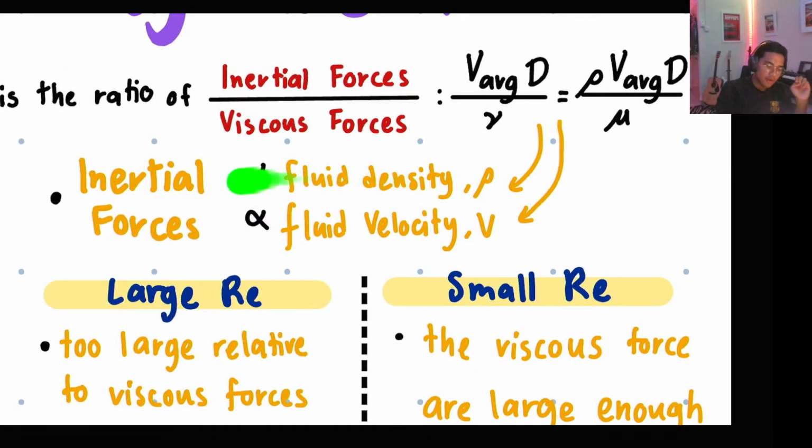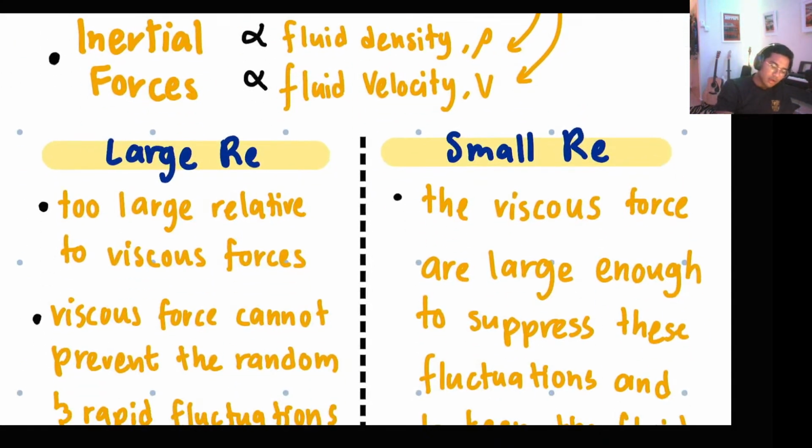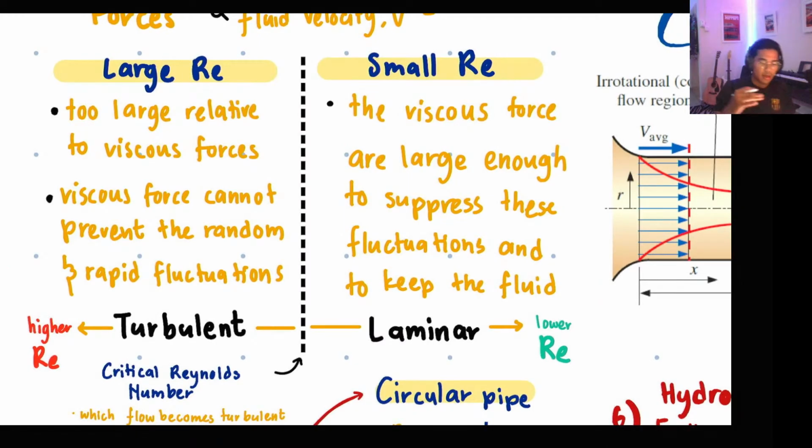So the inertial forces, which is the top part that makes the fluid move, is directly proportional to fluid density and also fluid velocity. I hope you guys can zoom into my PDF because the notes are really compact, so you really need to zoom in.